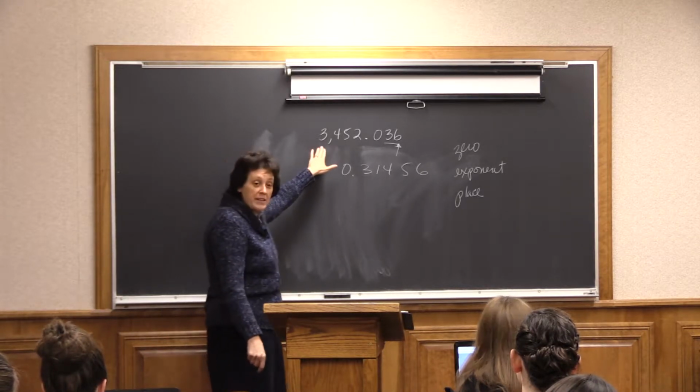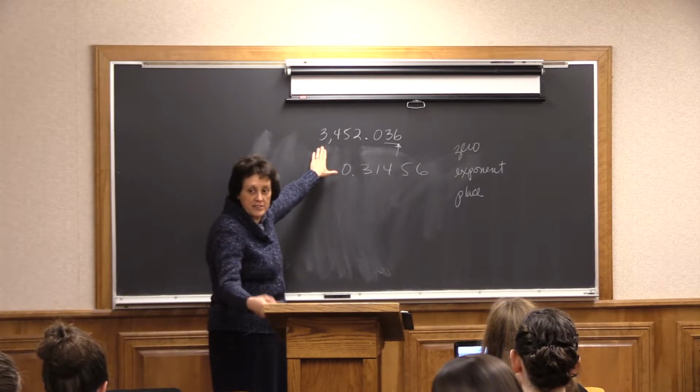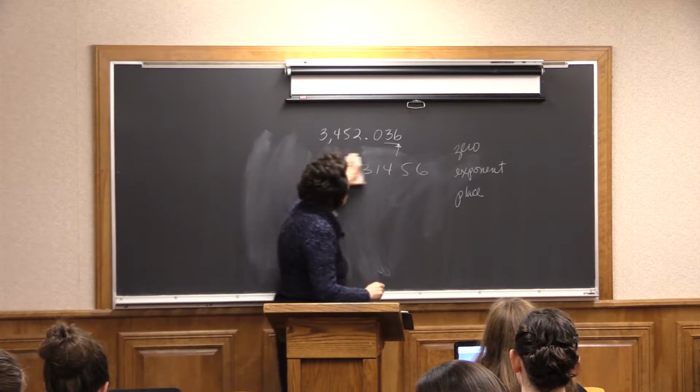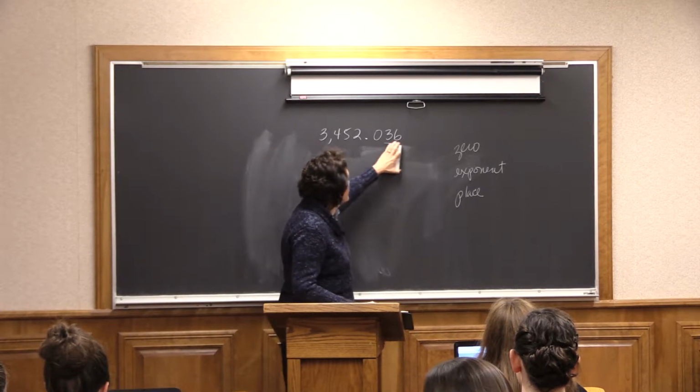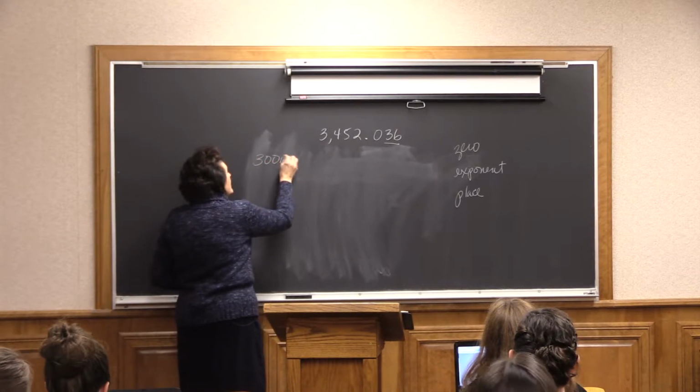This number here is written in what's called standard form. We can also write this in expanded form, showing the value of each digit.